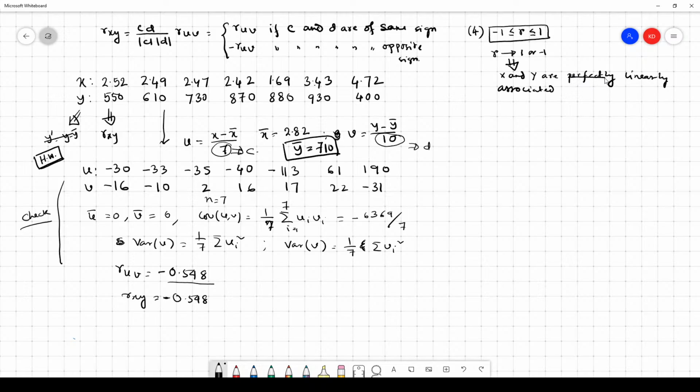Otherwise, if R goes close to 1 or minus 1, meaning it takes a value above 0.9, like 0.92, 0.95, 0.96, or minus 0.91, this means very close to 1 or minus 1. This means X and Y are strongly correlated.